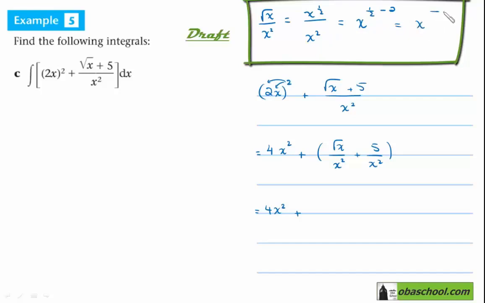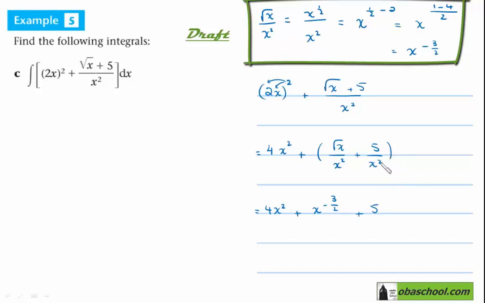Taking 2 as a common denominator, 1 minus 4, it's equal to x to the power minus 3 over 2. So the first term in the bracket is x to the power minus 3 over 2, plus 5 divided by x squared.